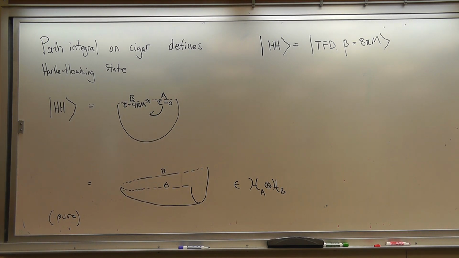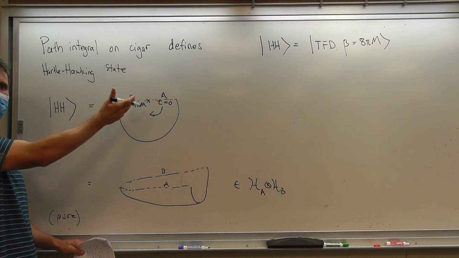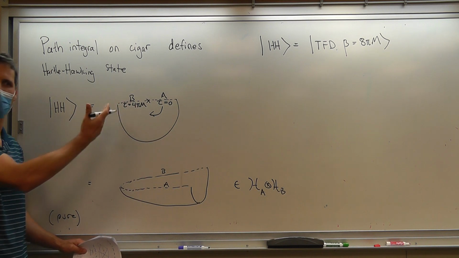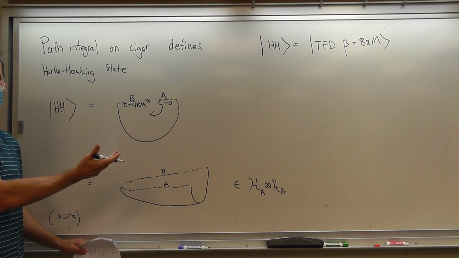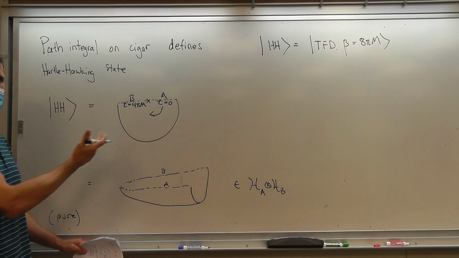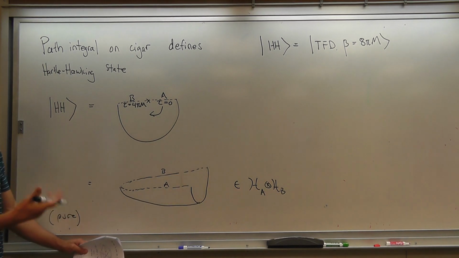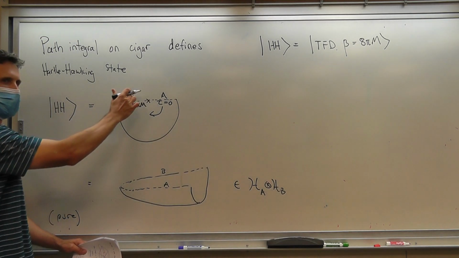When we did Rindler, it was exactly the same path integral, just the coordinates were different. So for exactly the same reason, this is again preparing the thermal field double state on the union of A and B.